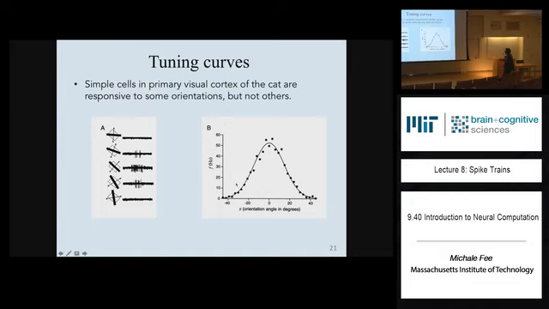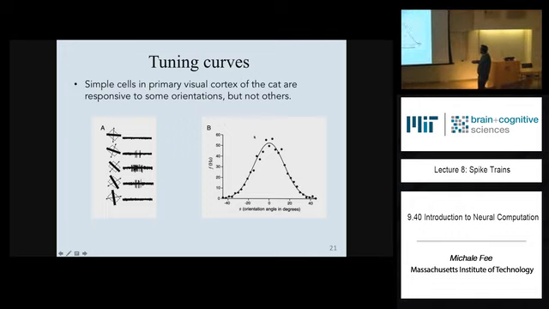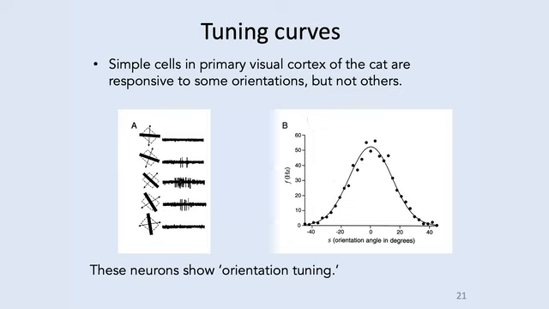That property of being tuned for particular stimulus features is called tuning, and the measurement of that firing rate as a function of some parameter is called a tuning curve.